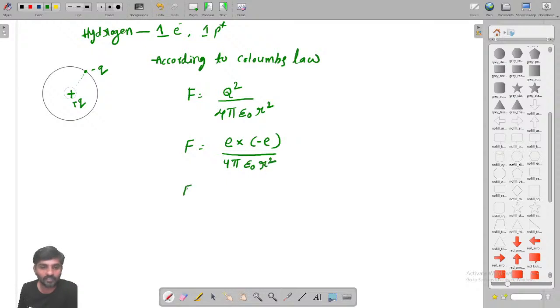The force of attraction between these two is minus E square by 4 pi epsilon naught into R square, where E is the charge of the electron and R is the radius of an atom.